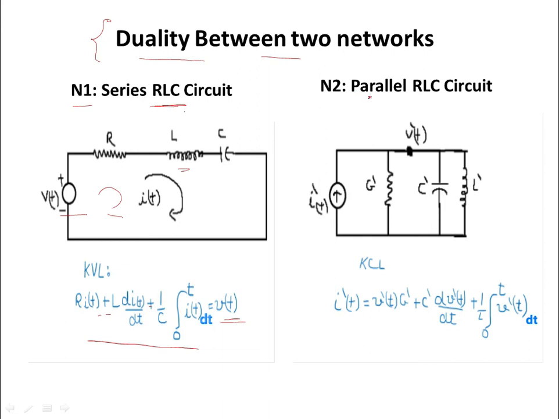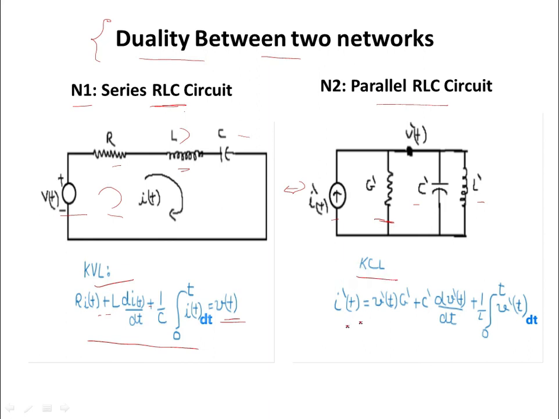And now for N2, which is the parallel RLC circuit, the voltage source will become the current source, resistor will become conductance, the current will become voltage, inductor will become capacitor, and capacitor will become inductor. We'll see this in a separate table. But for now, here we have applied KVL and here we'll apply KCL.